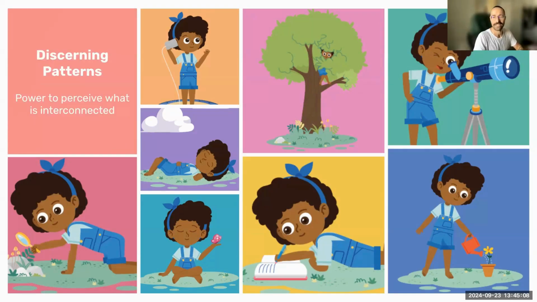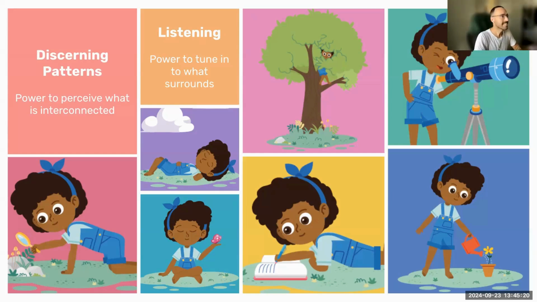So the first one is discerning patterns, which is the power to perceive how things are connected, how things are working, and how the different parts of a system relate. Second one is listening, which is the power to tune in to what surrounds us, whether that's people, plants, some people are really good at listening to animals.